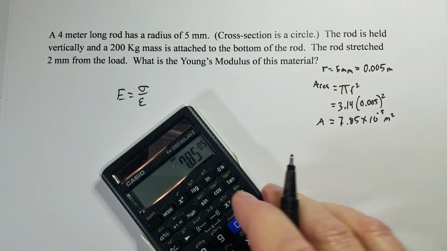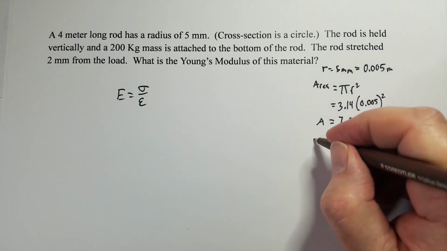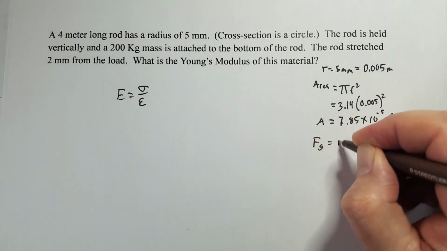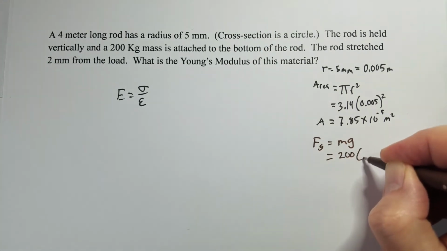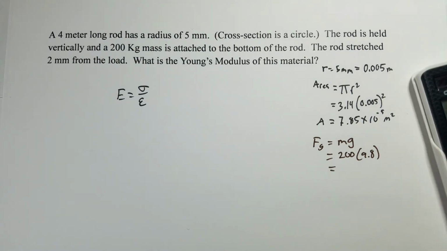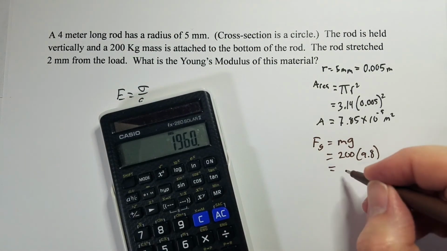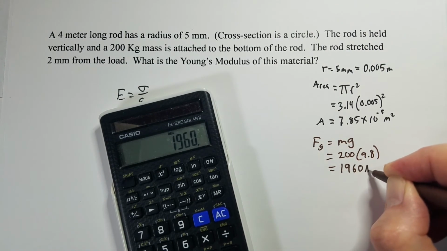That's our area. And this time we have attached a much bigger mass, which is also going to be much heavier. Mass times acceleration due to gravity, so that's 200 times 9.8 meters per second squared, which gives me a force of 1960 newtons.